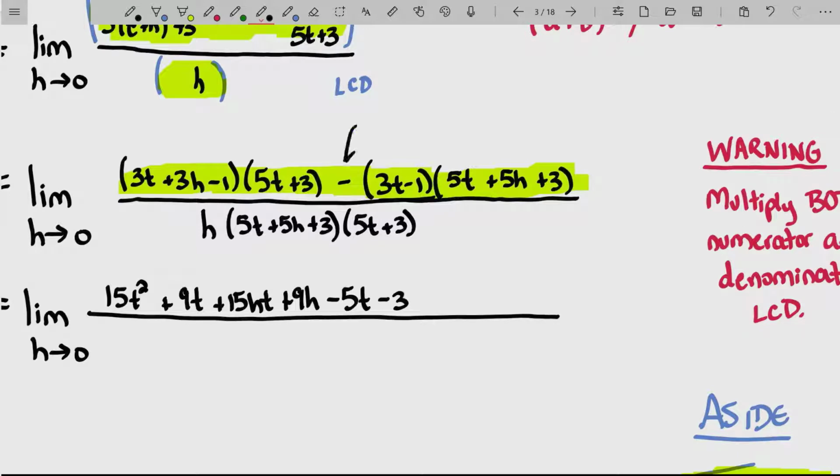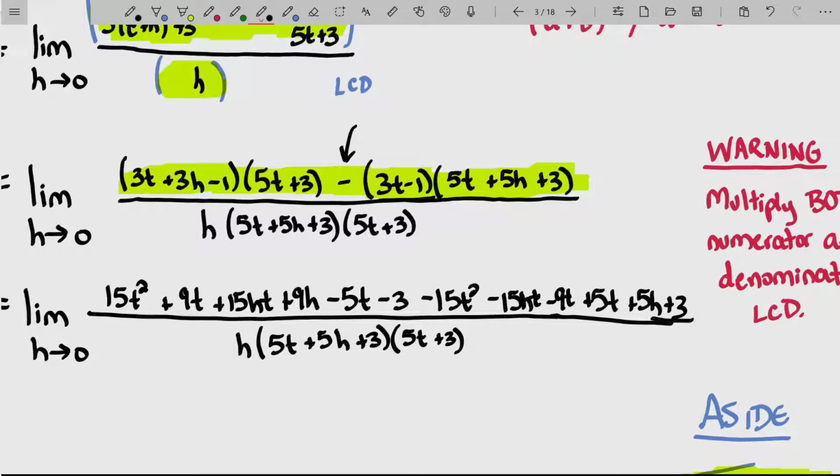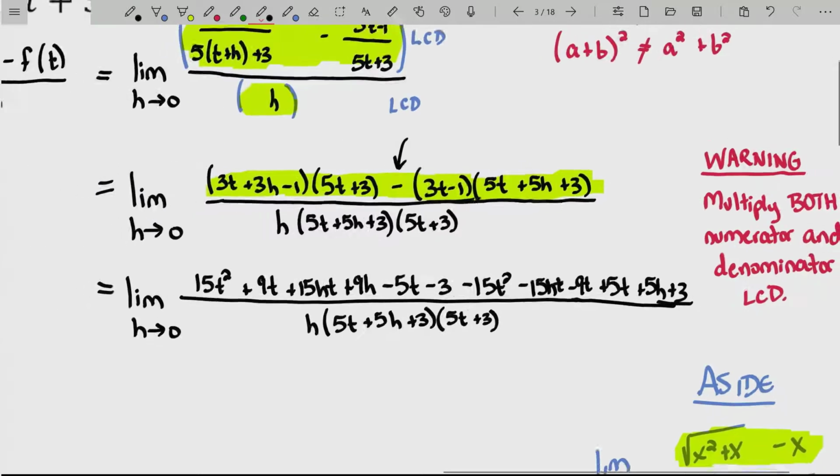Be very careful about that negative sign, okay? 15t squared with a negative. Let's see, a 15ht with a negative. 9t with a negative. And then 5t, 5h, and a 3. And there we go. I just kind of filled in the rest, which I should have done from the get-go.